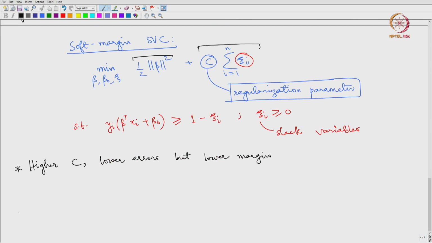And on the other hand, if you have lower C, then you have higher errors. So, you pay more in terms of errors, but you gain by obtaining a higher margin. Okay. So, there is some trade off here. Of course, like with any regularization parameter, you have to do some kind of a cross validation.